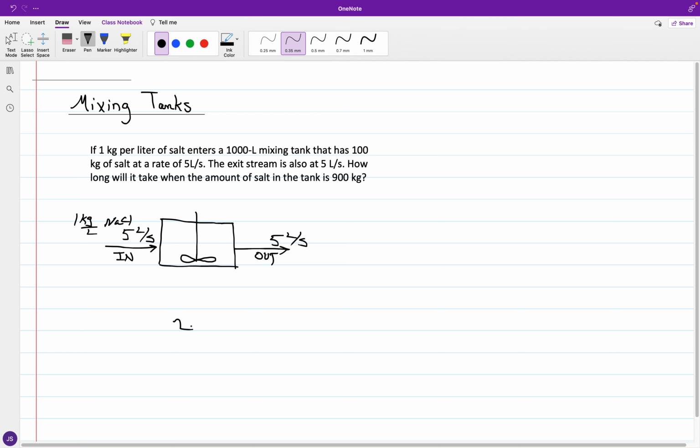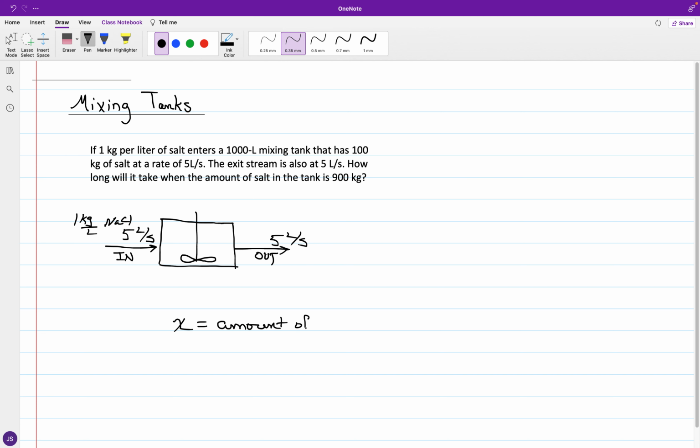Just to give you an intro to the components, we'll say that x is equal to the amount of salt in the tank, and of course t is going to be the time, which we're ultimately going to be solving for.